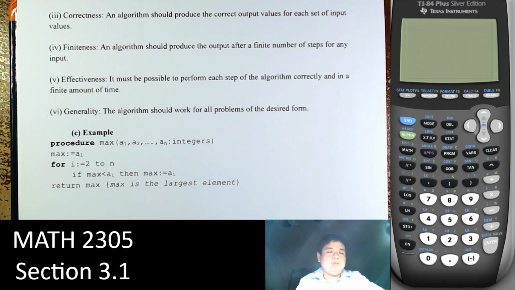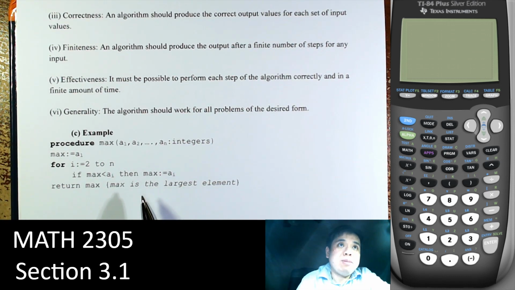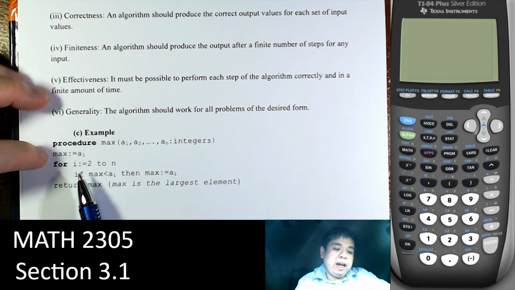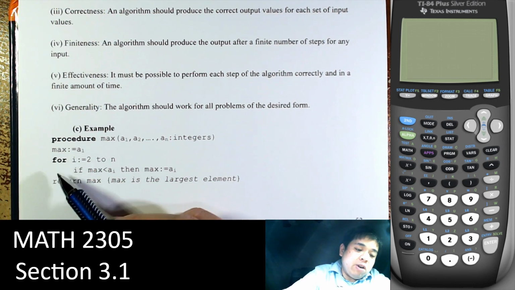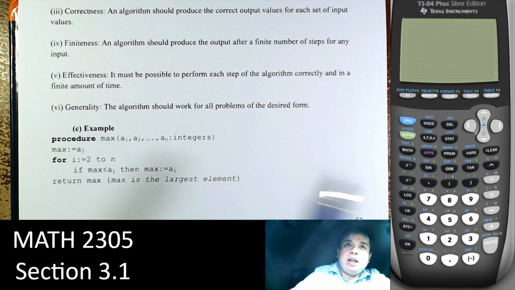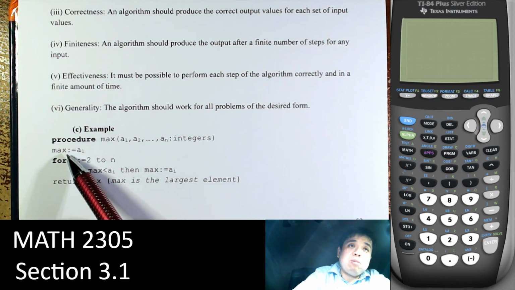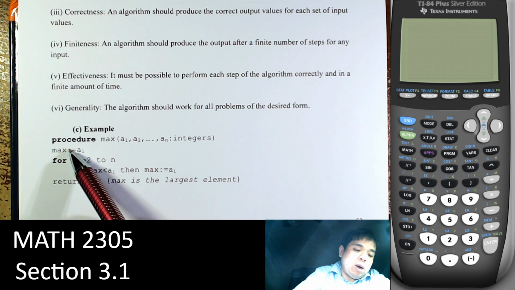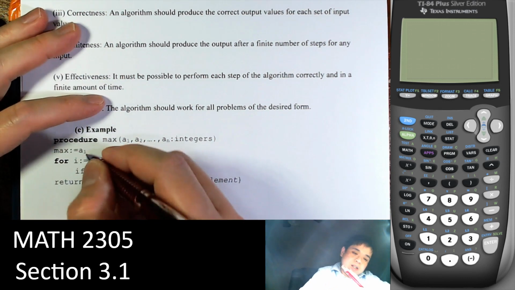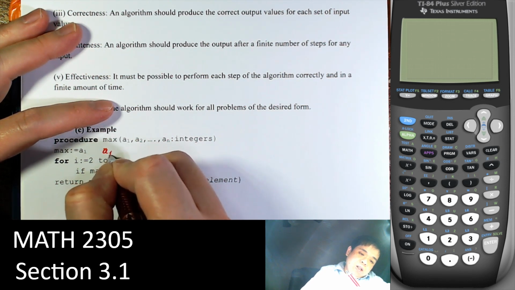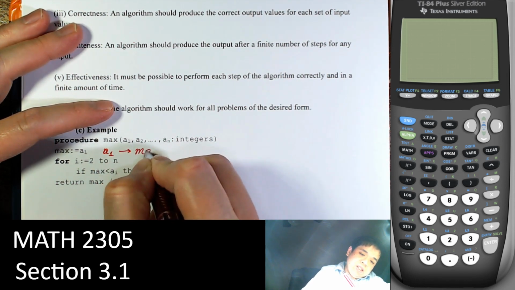Right. For example, the first one, we try to find the maximum of a1, a2, to an. The rule here is first we say max is equal to a1. Now in computer science, in some common languages, we use a colon equal sign, meaning we take a1 and store it into max.